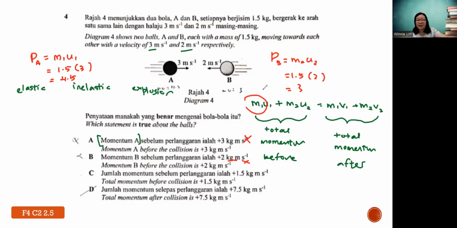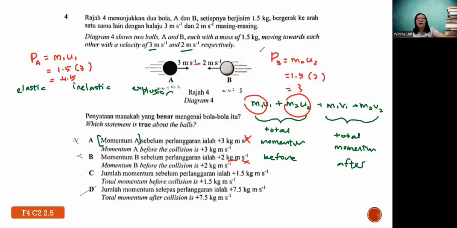That means you're going to add this and this. But you look at the diagram, they show that A and B move in opposite directions. That means you need to denote one of the objects with a negative direction. Like a number line, normally towards the right is positive and left is negative, but it's up to you. It just indicates direction only.